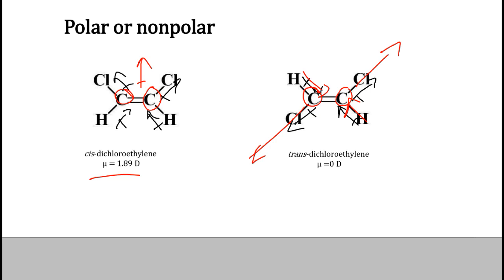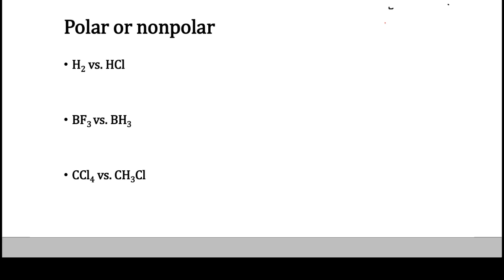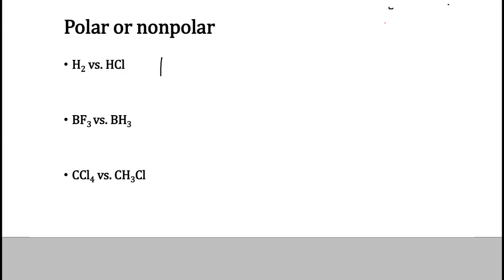So it is possible to have polar bonds and still be nonpolar overall. So cis dichloroethylene is polar. Trans dichloroethylene, nonpolar. Let's look at a few more examples. Let's look at H2 versus HCl.